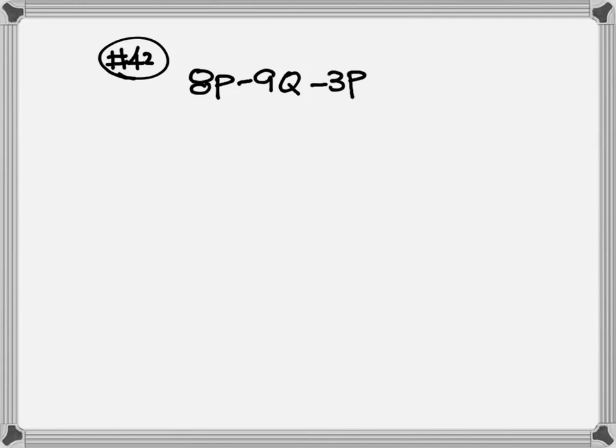Next. Now let's look at number 42. Number 42, we have 8p minus 9q minus 3p plus q. So here we're going to combine p with p, q with q. So we have 8p minus 3p.